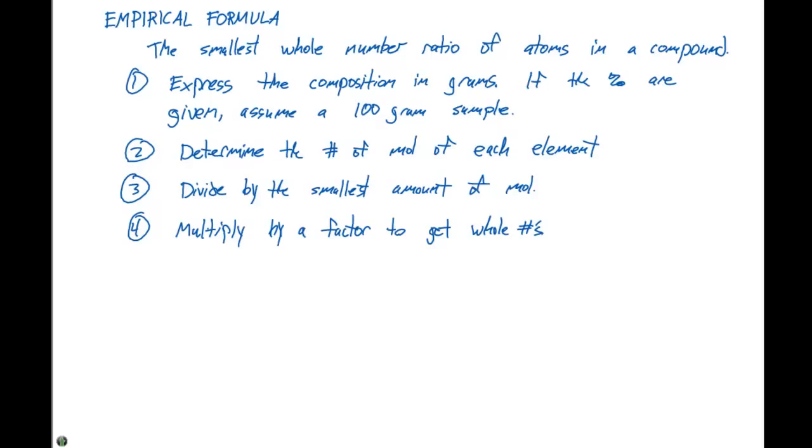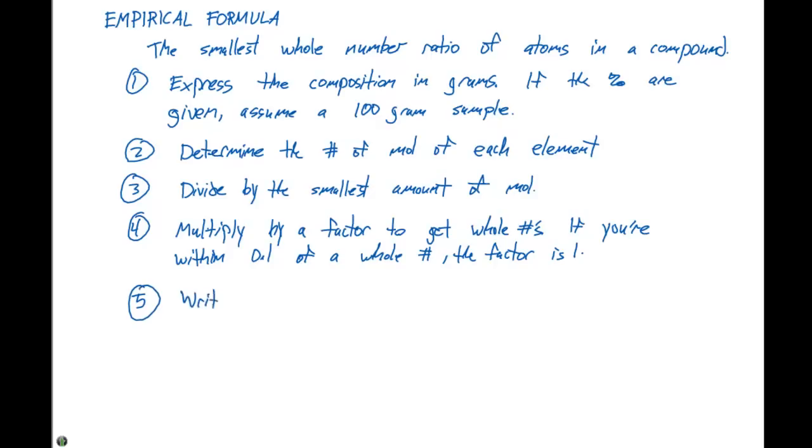And as a rule of thumb, if you're within 0.1 of a whole number, the factor is 1. The last step will be write the formula, or the empirical formula in this case.